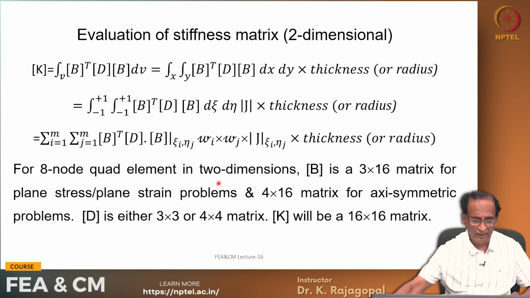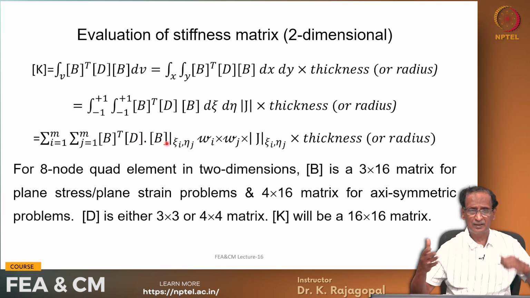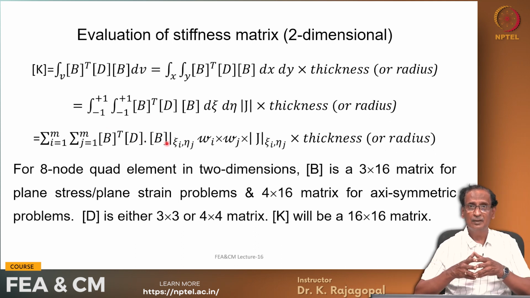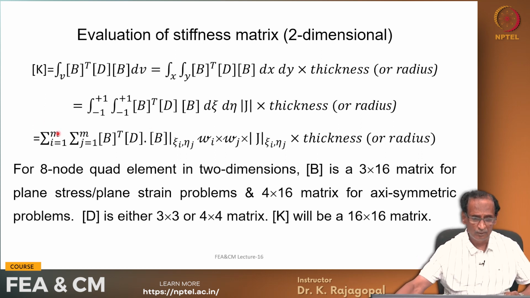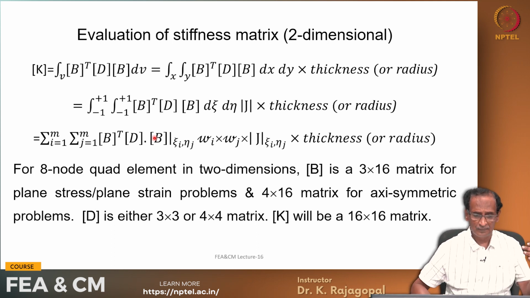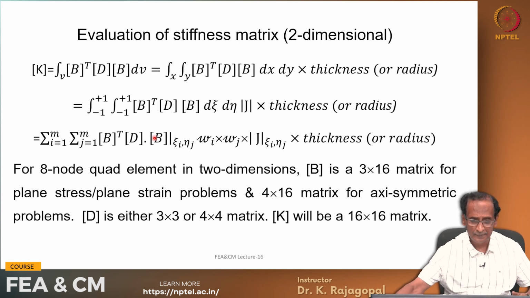And so, these calculations are repeated several times. So, if you are using 2 by 2 integration in 2 dimensions, we are going to repeat the calculation 4 times, and if you have a 3 by 3 integration, we will have 9 times, and so on.